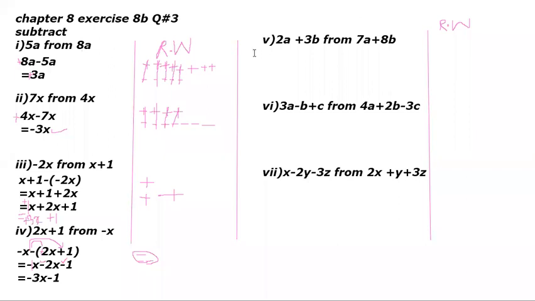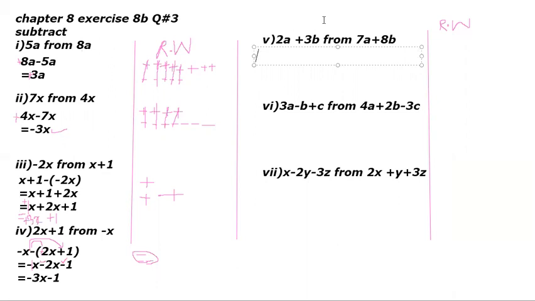Okay, let's do part 5, the fifth question, and you keep a few things in your mind, that both are algebraic expressions. First of all, I need to write 7a plus 8b, and then I need to write 2a plus 3b. This is the first thing you should keep in your mind. The second thing is that this 2 has a positive sign.